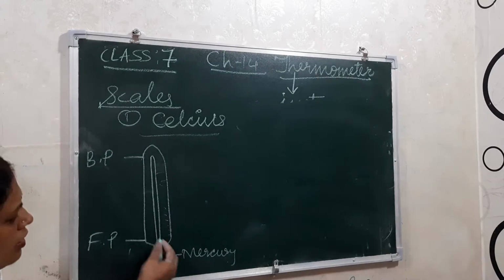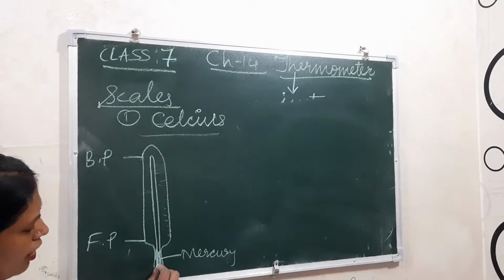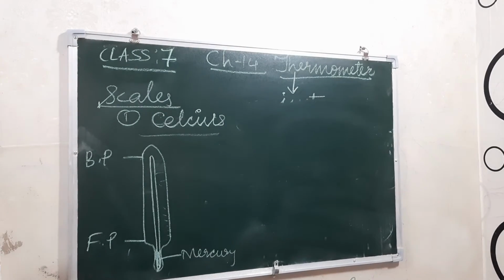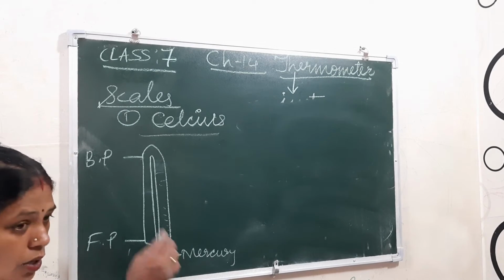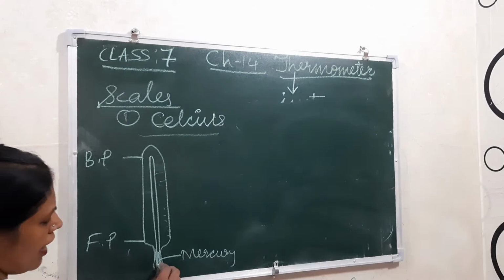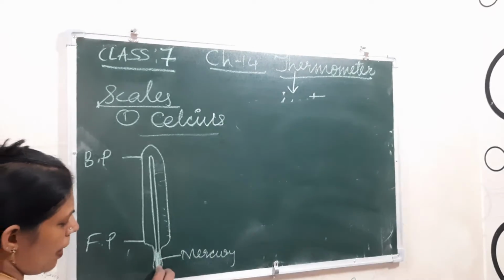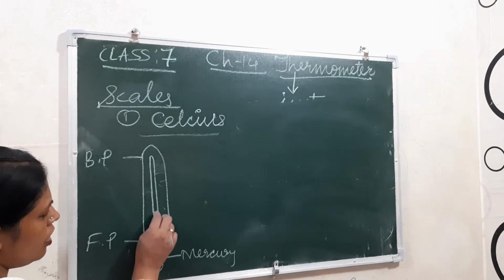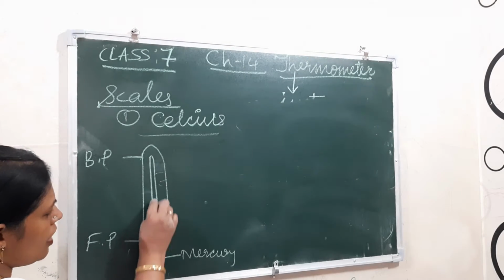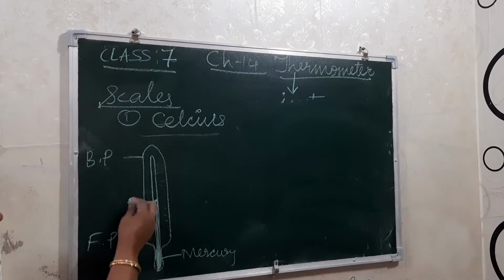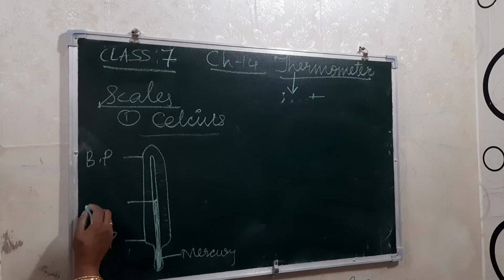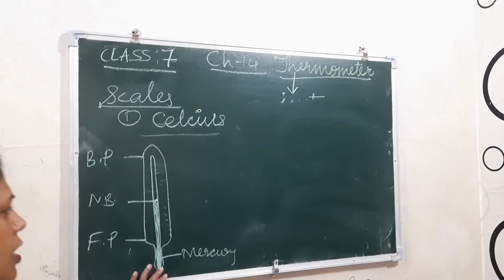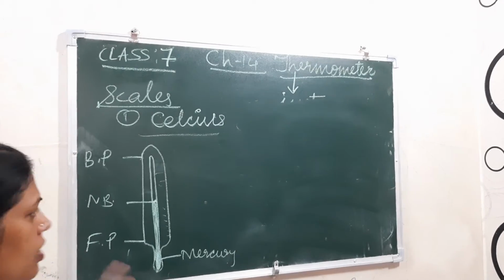When we keep this thermometer under our armpit or in the mouth, due to the temperature the mercury expands and moves up. And if it moves up to here, when it reaches this mercury level, this is actually the normal body temperature. Okay, normal body temperature it is.